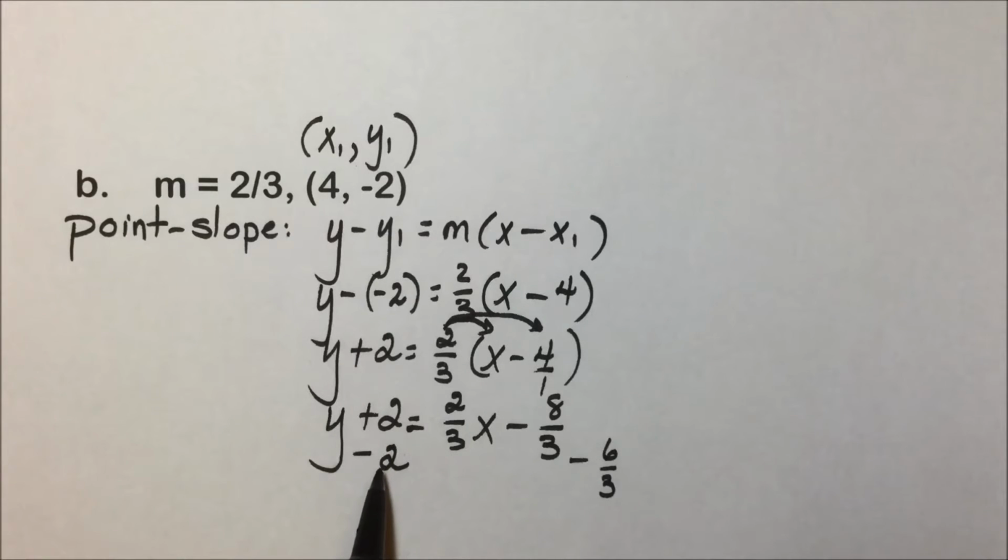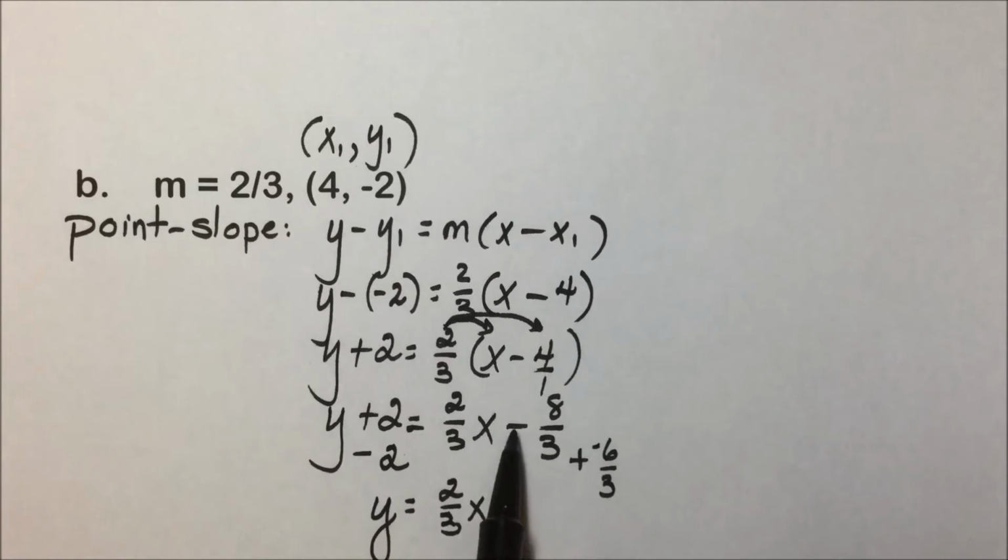So I'm subtracting a 2, which cancels out here, leaving y. Nothing affects the x. But we have -8/3 minus 6/3 with a common denominator. We can add the numerators, and instead of subtract, we'll add a negative. -8 plus -6 adds up to be -14/3.